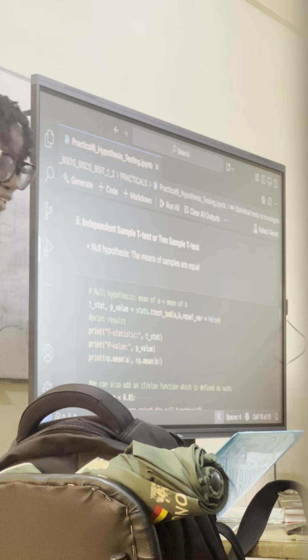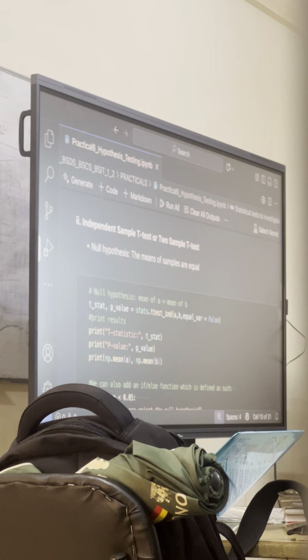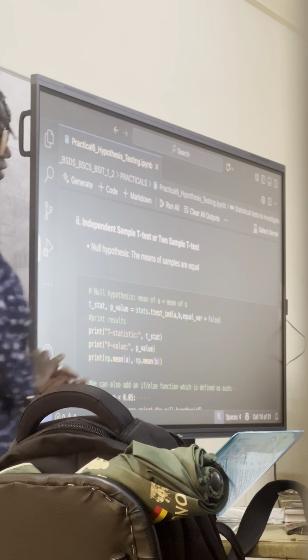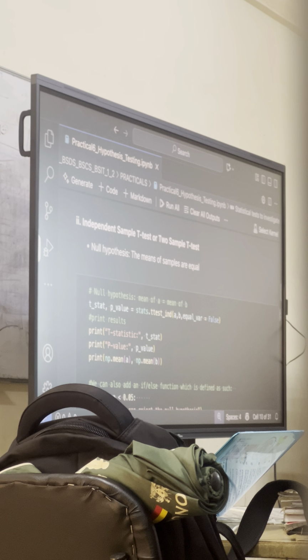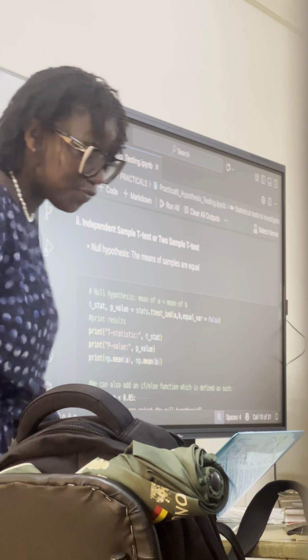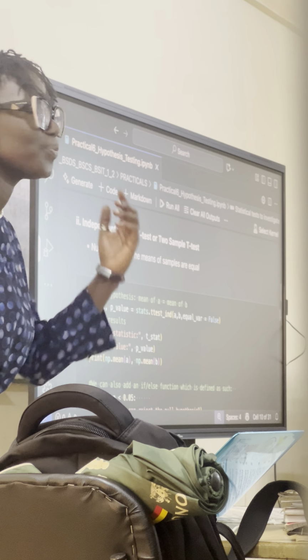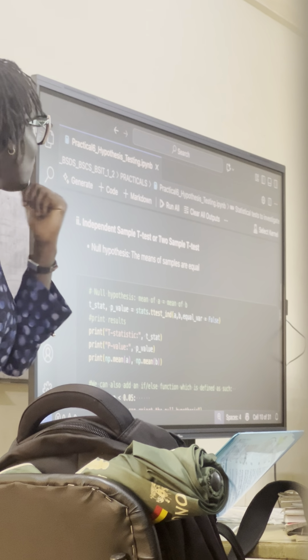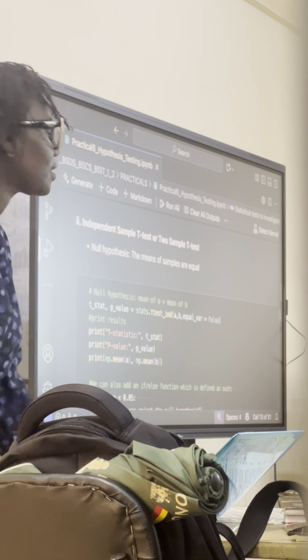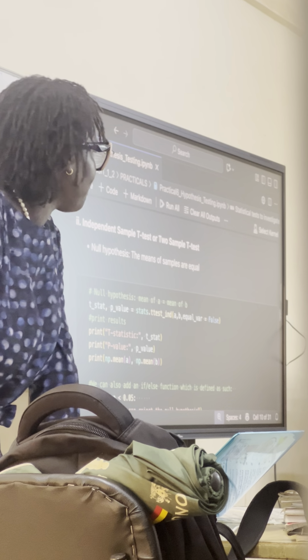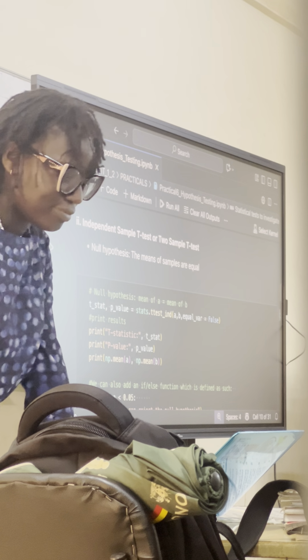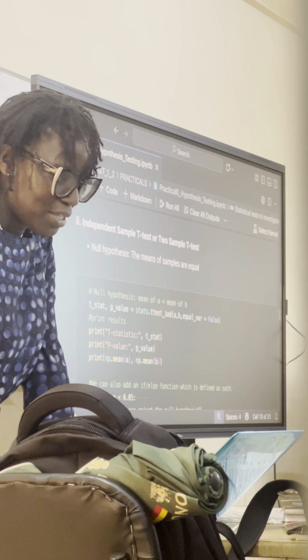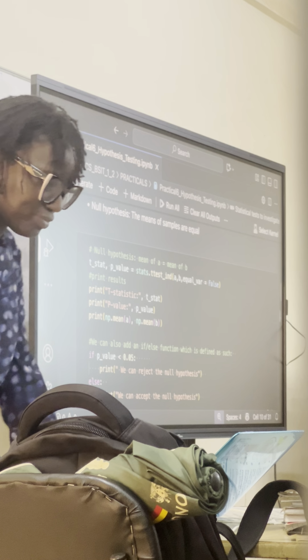So, there is another key test we can look at. This one is looking at two samples, and its hypothesis states the means of the two samples are equal. You can find all these statistical tests online and all their hypotheses, so you must remember the hypotheses.